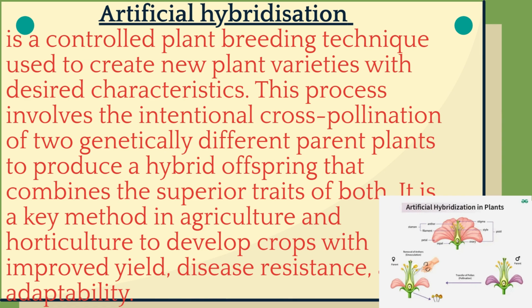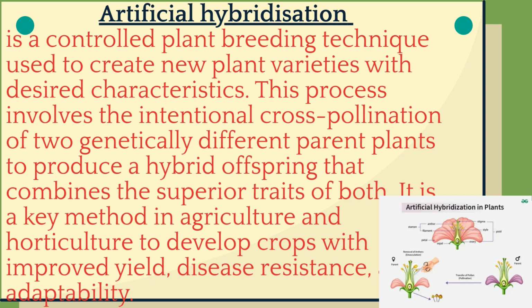Artificial hybridization, as you can see in the figure, is controlled. It is the process of hybridization which takes place artificially, or in a controlled condition. It is a controlled plant breeding technique used to create new plant varieties with desired characteristics.